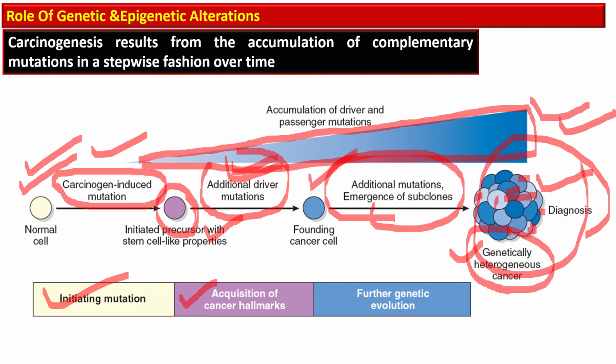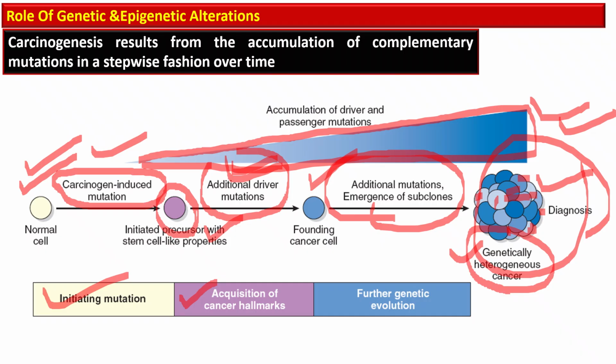a genetically heterogeneous cell mass. So driver mutations cause cancer progression, and passenger mutations are the mutations without direct functional consequences.